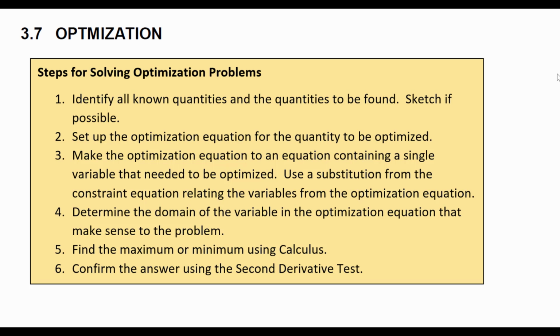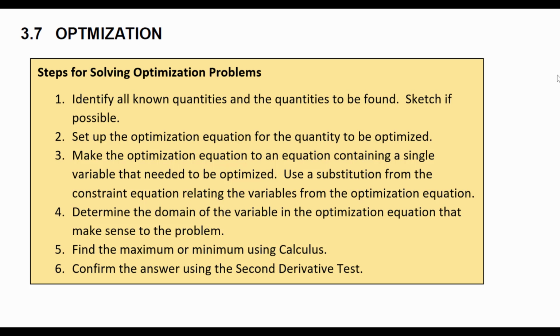Step 3. Make the optimization equation an equation containing a single variable that needs to be optimized, using a substitution if necessary from the constraint equation, relating the variables from the optimization equation. Step 4.